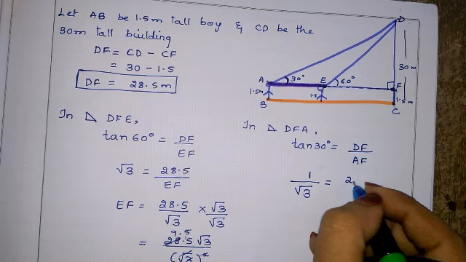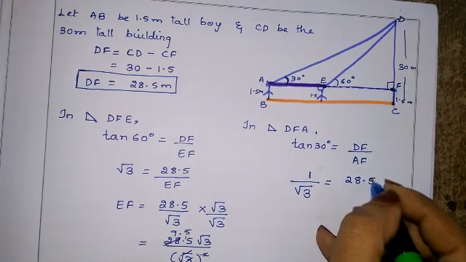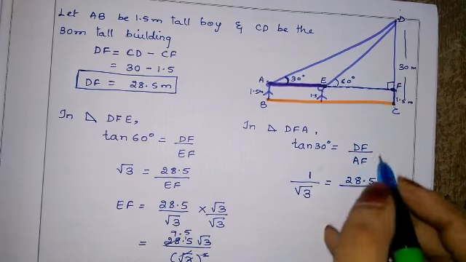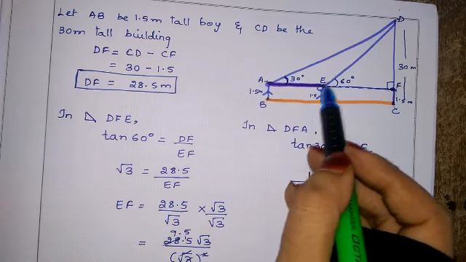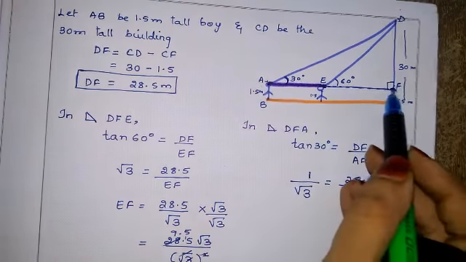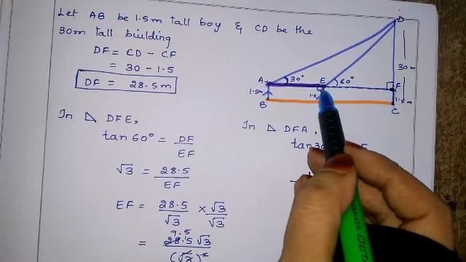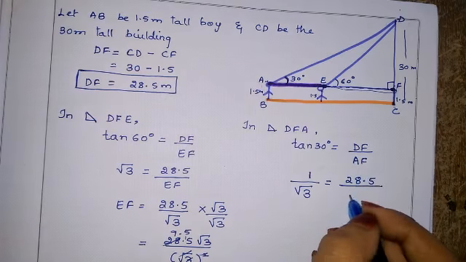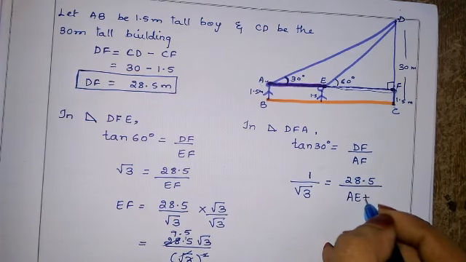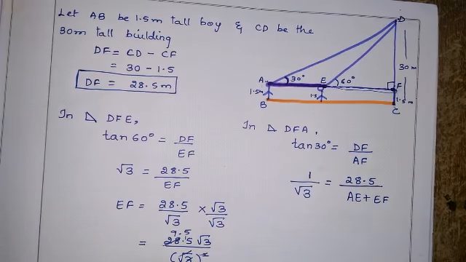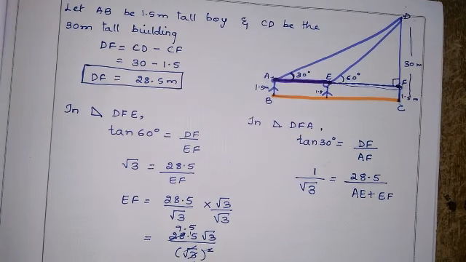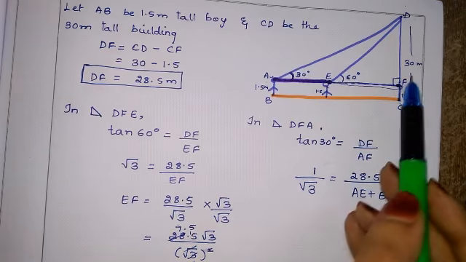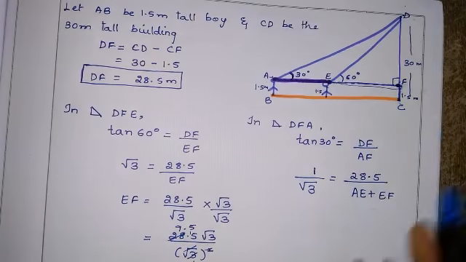DF we know, 28.5 upon AF, which is nothing but AE plus EF. We can see AF is AE plus EF. Focus on it properly. I am explaining clearly. That is, AF is AE plus EF.